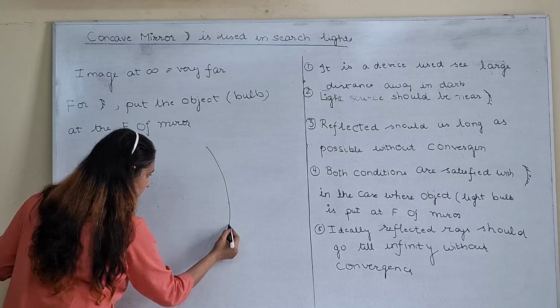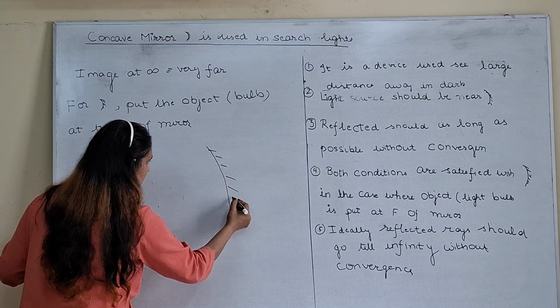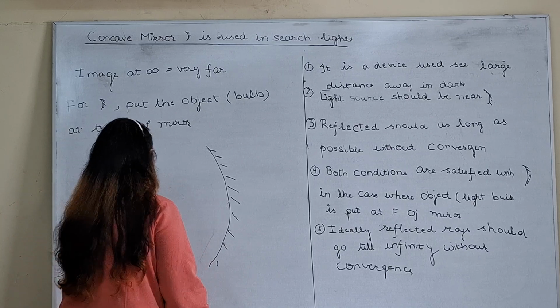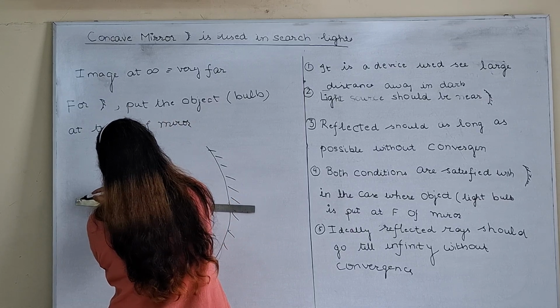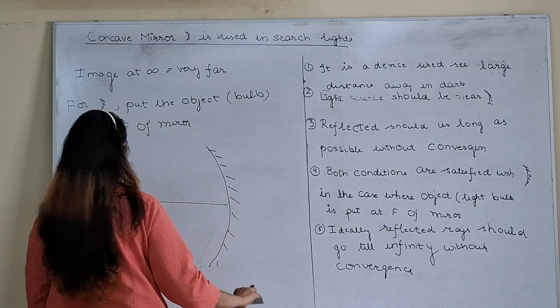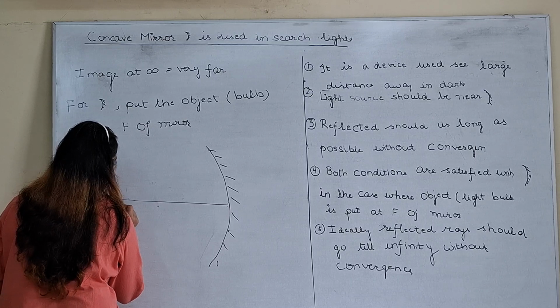So suppose this is the concave mirror. Okay, and we have this principal axis. Now the focus is here.